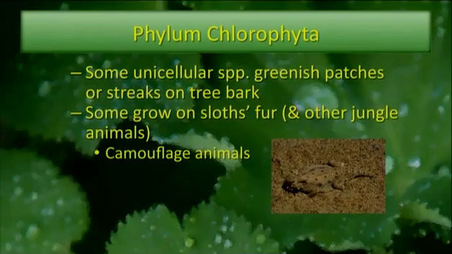So here you have what I guess is called a horned toad in the desert, an animal that happens to be camouflaged against its background. The green growth on the sloth's fur would help to camouflage the sloth from any predator that might want to eat it.